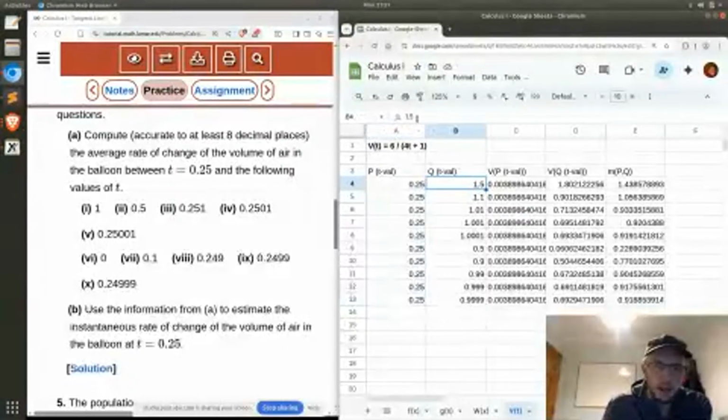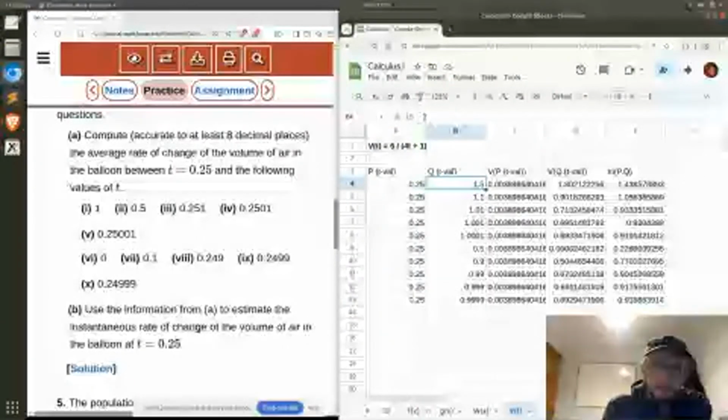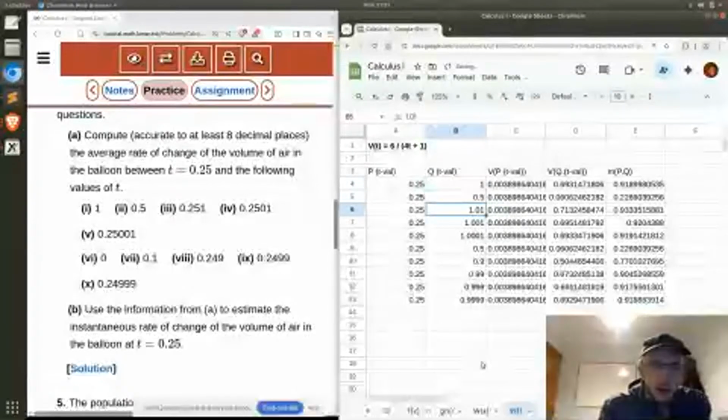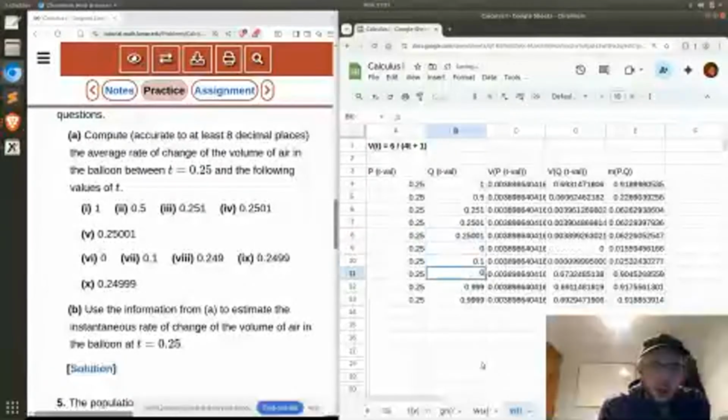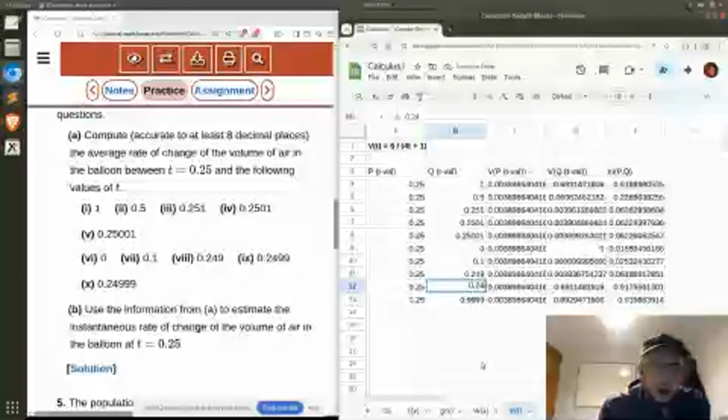So here, 1 followed by 0.5 followed by 0.251 followed by 0.2501 followed by 0.25001 and 0 followed by 0.1 followed by 0.249, 0.2499, 0.24999.